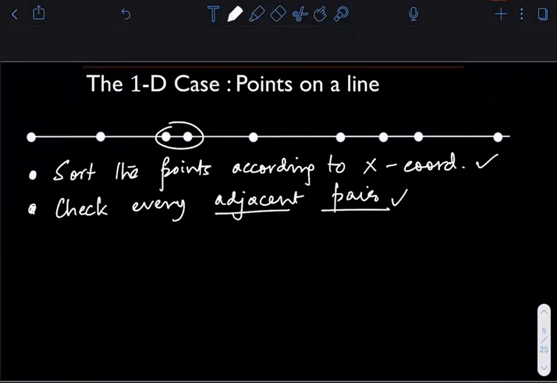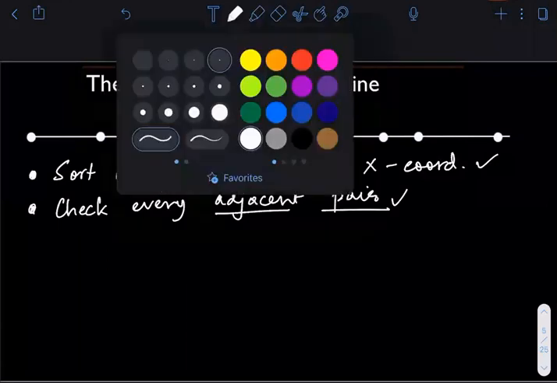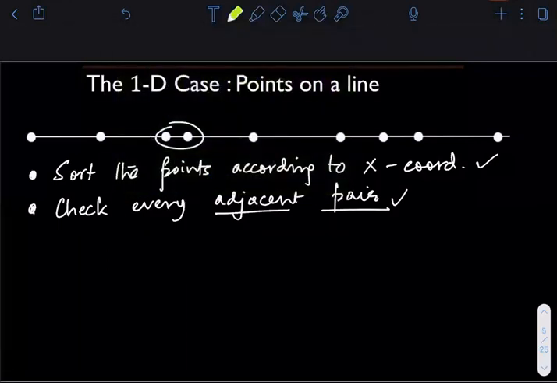In some sense, it is reducing the amount of search that I have to do. For every point, I now just compare it with the very next point in the sorted order. I do not need to compare it with every other point in the set. So this seems trivial for the 1D case, but you will see that this is actually the driving principle of our algorithm.